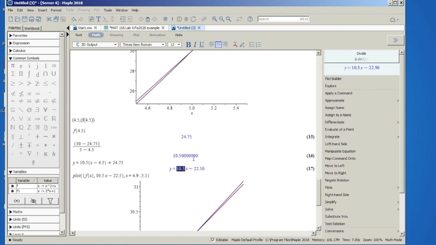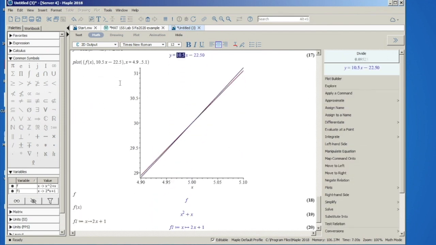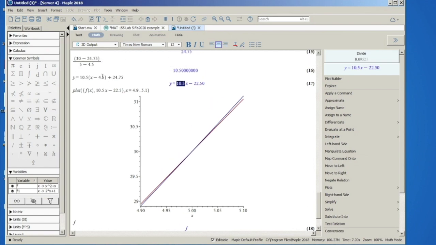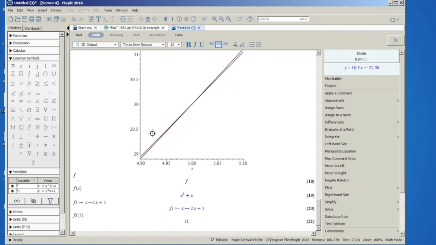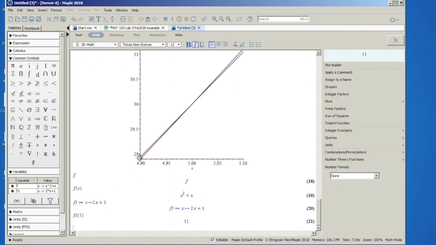We had a slope of 10.5. And in fact, you could have continued this process of picking values very close to 5 and f of 5, and your approximation would have gotten even better. So I could have picked, let's say, 4.9, and this 10.5 would have instead been very close to 11, which would have meant that our approximation would have been much better.